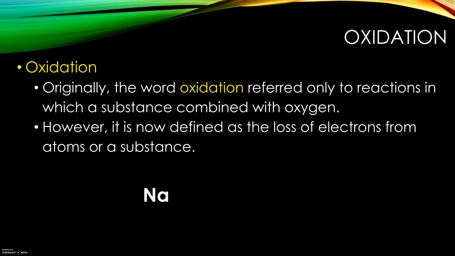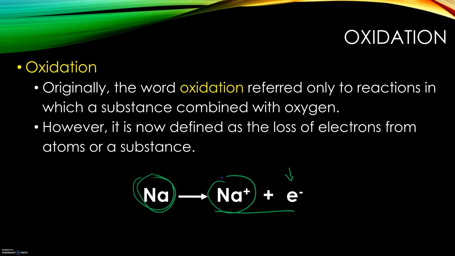Now, let's talk in terms of losing electrons. So if sodium were to go through the process of oxidation, then what is to happen is that it will lose an electron. Notice when it loses an electron, it becomes more positive. So in this case, because it started off as sodium right here with 11 electrons, and then it ended up losing that one electron, we have this sodium ion right here.